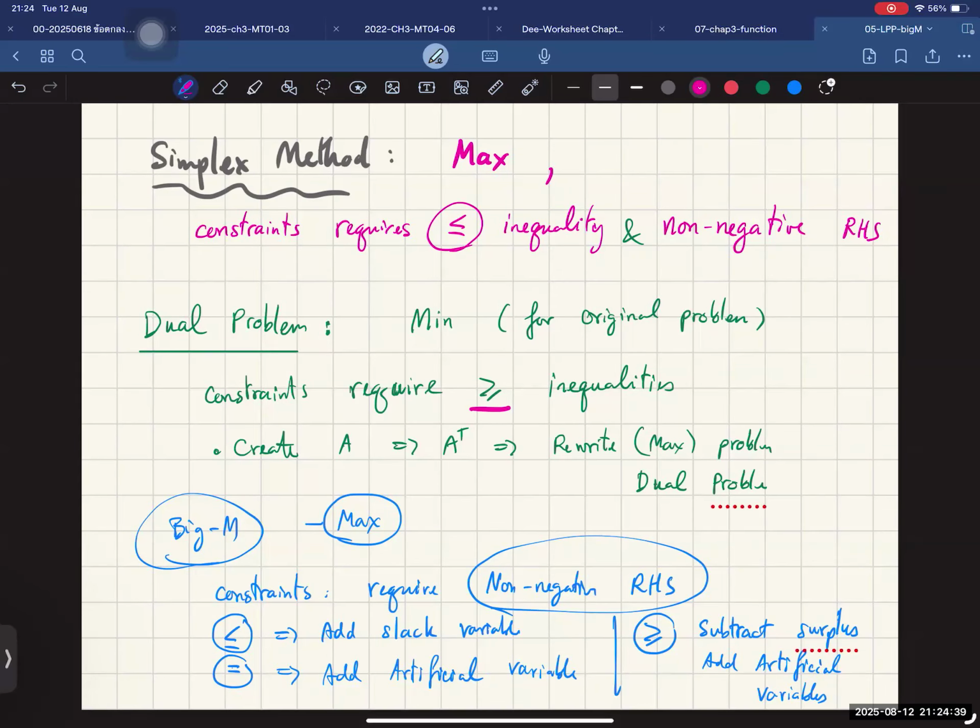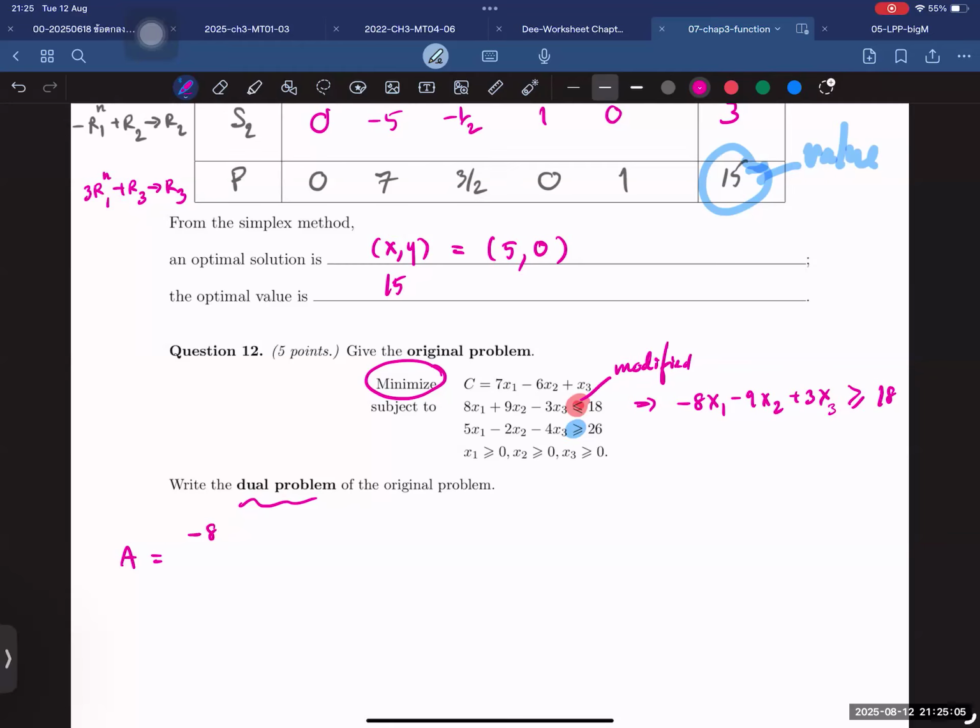Now we can form A. The first constraint is -8, -9, 3, with 18 on the right-hand side. The second one is 5, -2, -4, 26, and the C row is 7, -6, 1, with the star term, right?